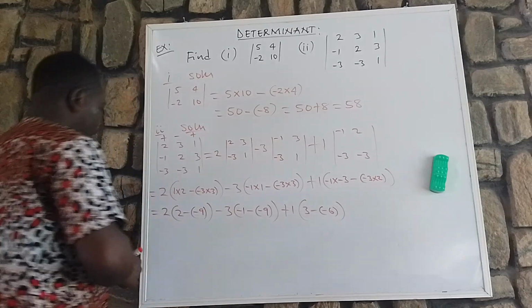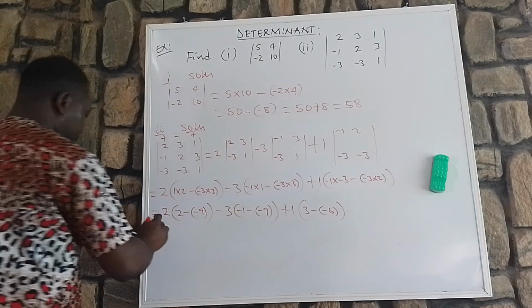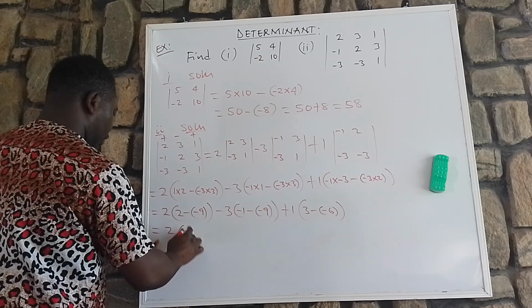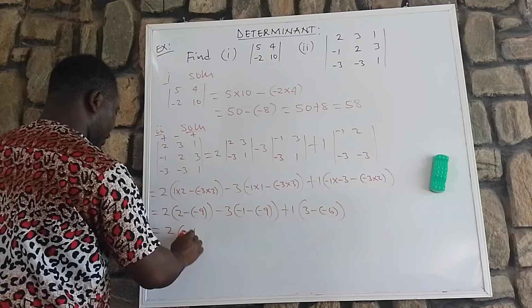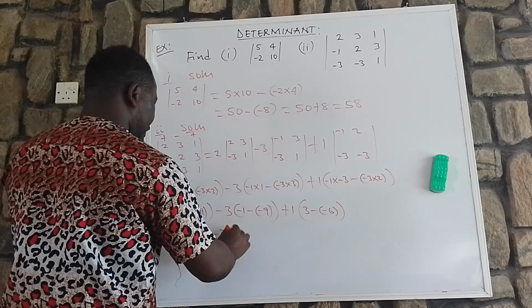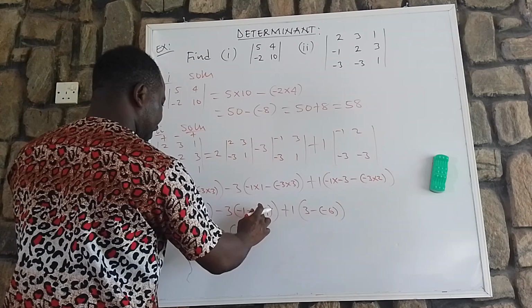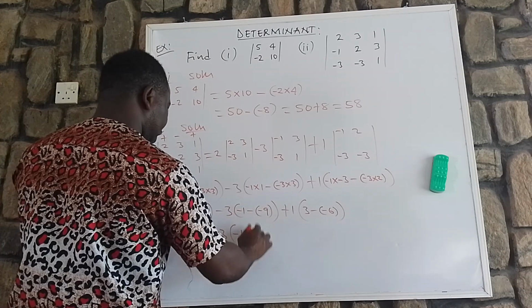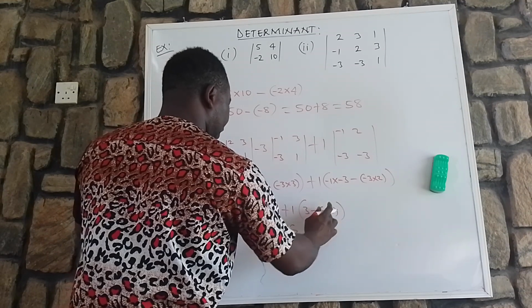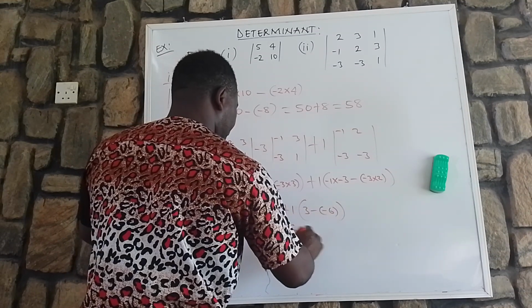Okay. So if you agree with me, 2 open bracket, 2 minus times minus 9 will give us plus 9. Then minus 3 all in bracket, minus 1 minus times 9 will give us plus 9. Then plus 1 open bracket, 3 minus times minus 6 will give us plus 6.